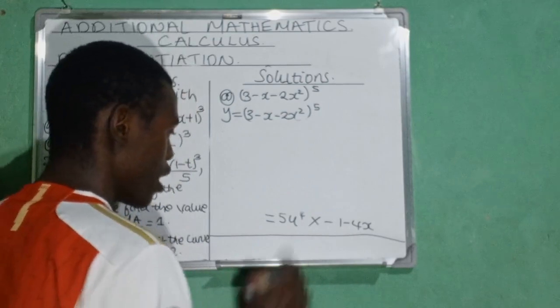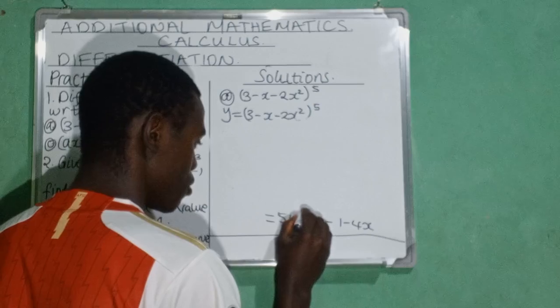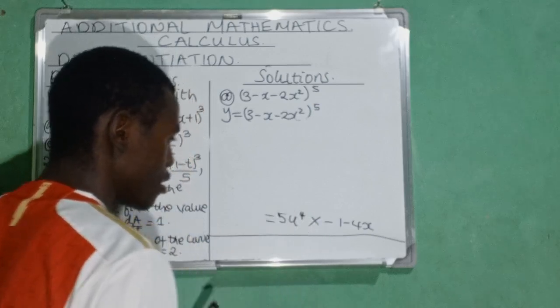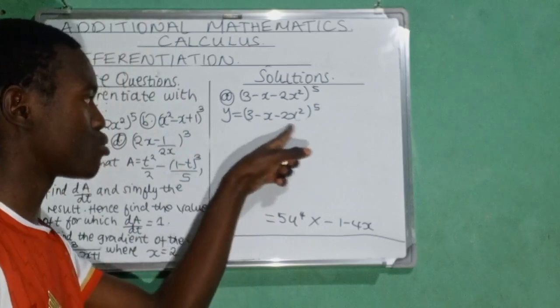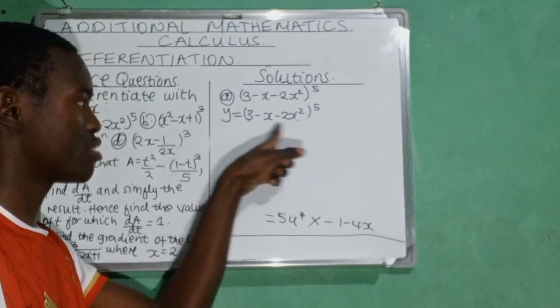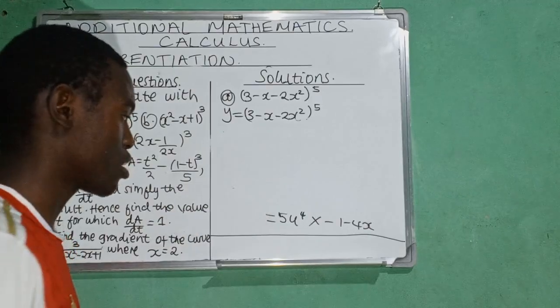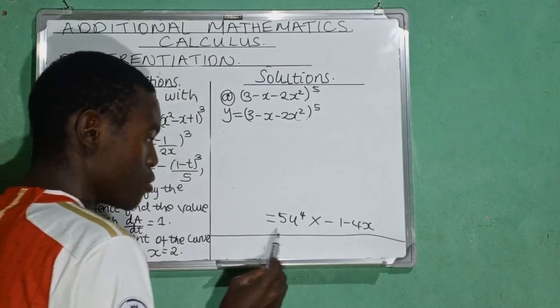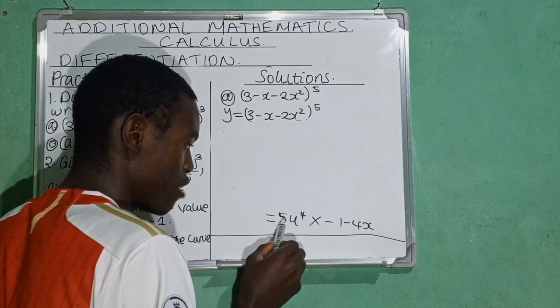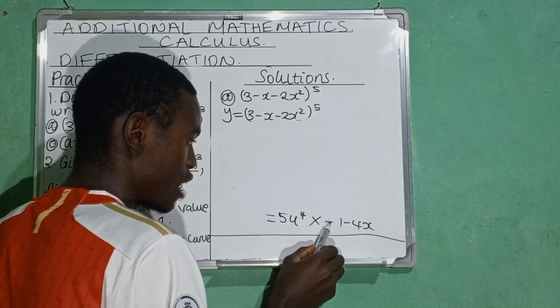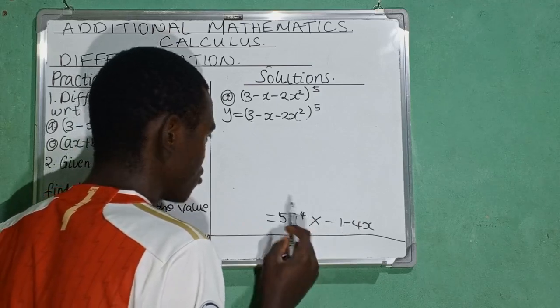So this is 5u raised to the power 4. And there's a stage where we said let u be equal to whatever is inside this bracket. So what we have remained with is 5 times u to the power 4 times negative 1 minus 4x.